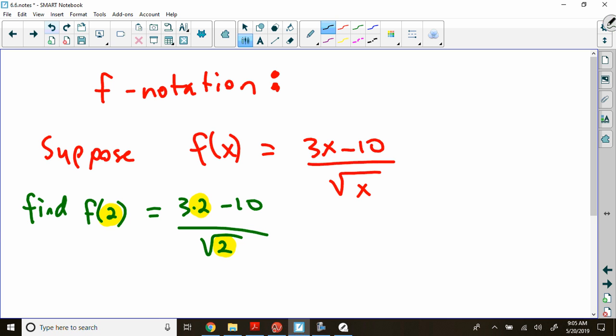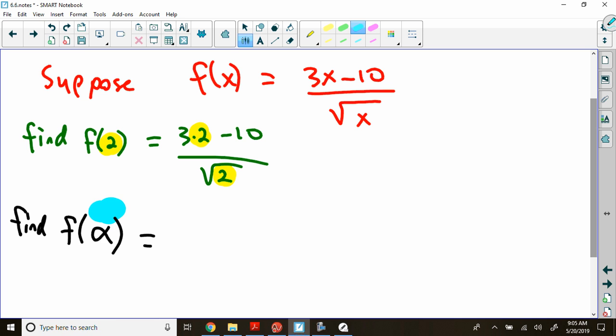Okay. Let's go ahead and find f of alpha. What's f of alpha going to look like? F of alpha says we're going to put an alpha in place of every x.